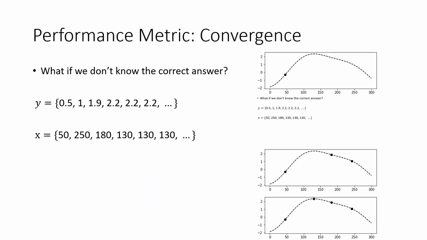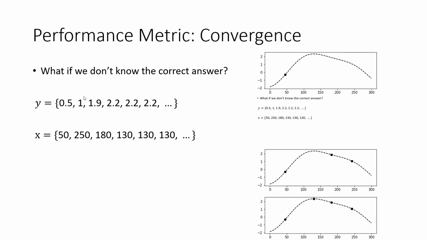And also, if we don't know the correct answer, we can actually use convergence. So in this case, we're interested in finding the maximum of this function, and we don't actually know what it is, so we can't use minimum regret. So instead what we can do is see if our algorithm eventually converges to some answer.